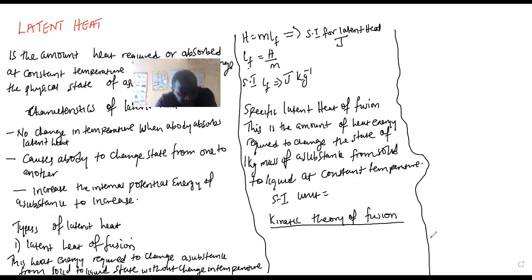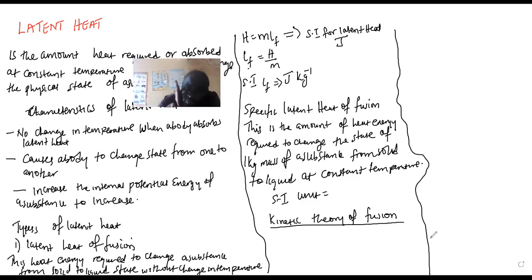Now, for a solid to melt, it means latent heat of fusion has to be supplied to that solid. In that case, the heat energy is required in breaking the strong intermolecular forces in the crystalline structure of the solid.